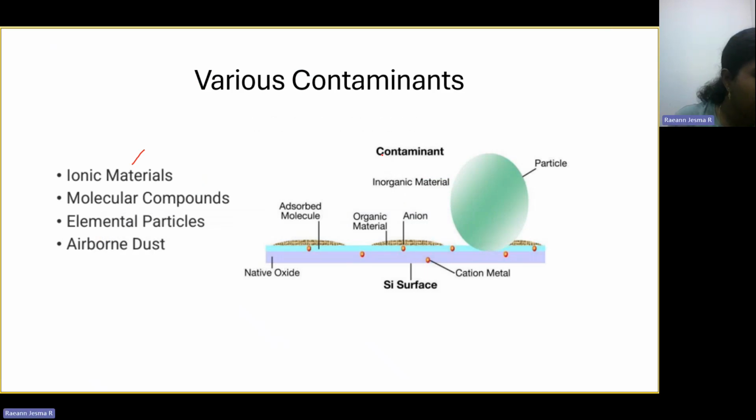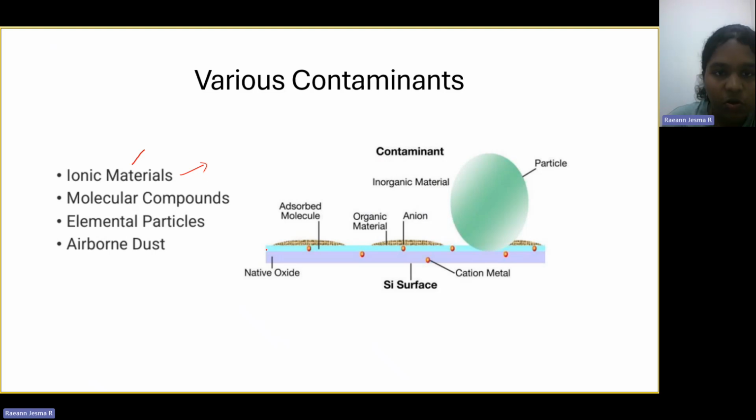So first, let us look at particle contamination. If there is any particle contamination, there will be defects in the pattern that you have made on your sample. There can be other effects such as breakdown of the film and so on.